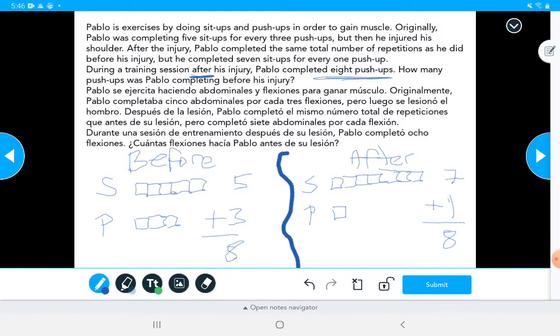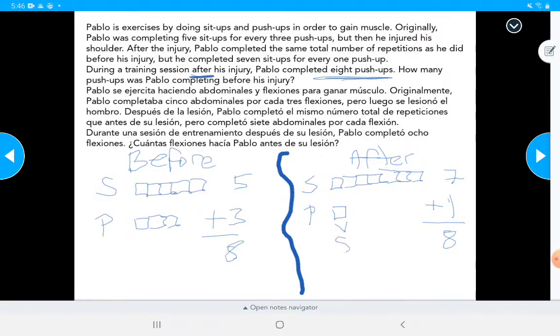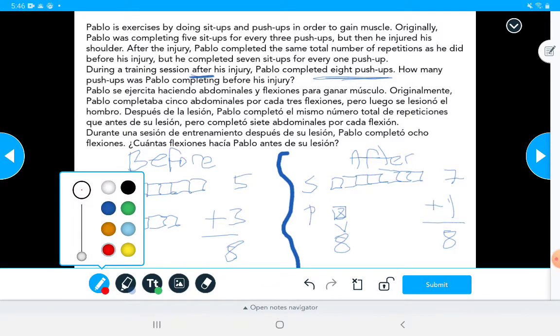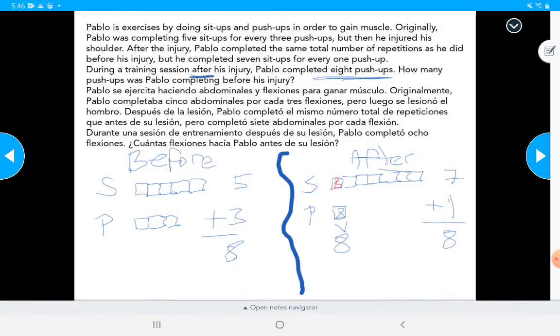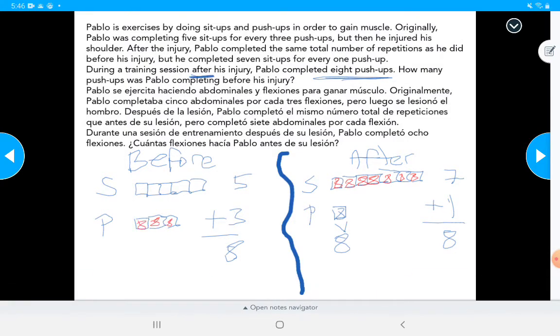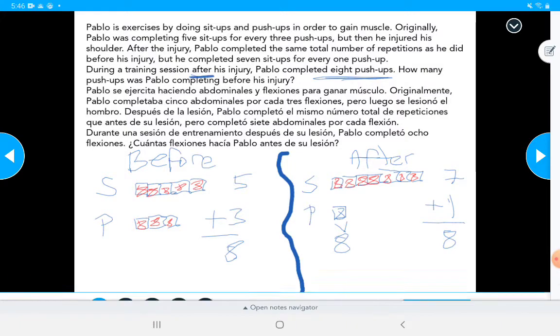So that means this value is going to be worth 8. If this value is worth 8, that means 1 box is worth 8, which means all the other boxes will also be worth 8.